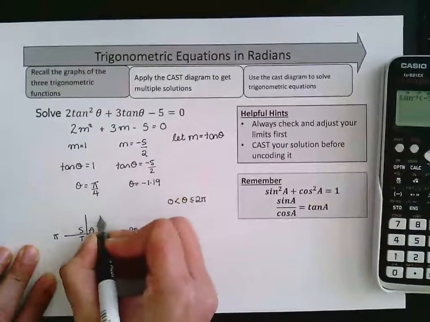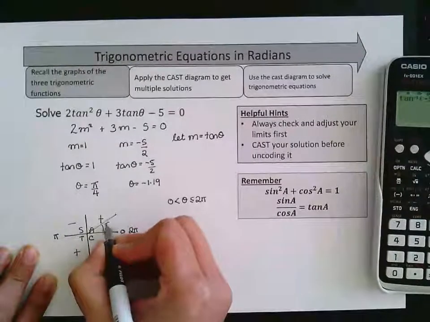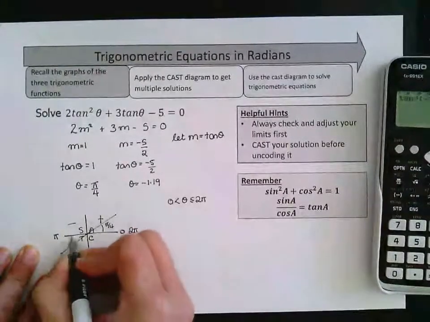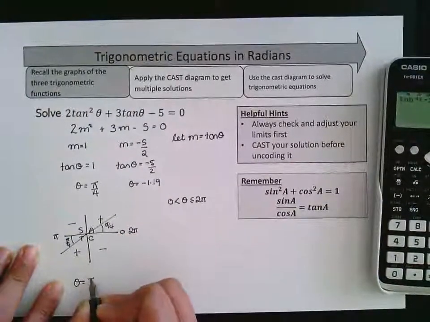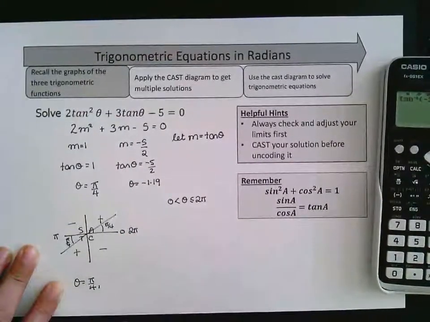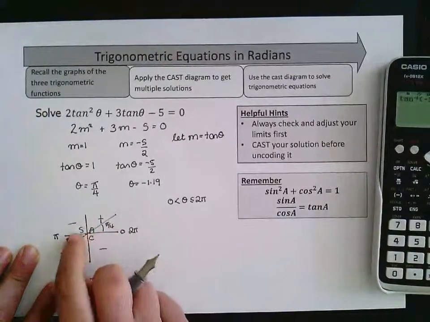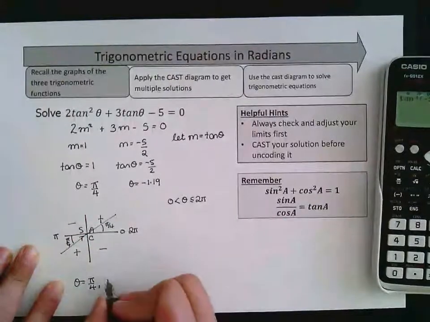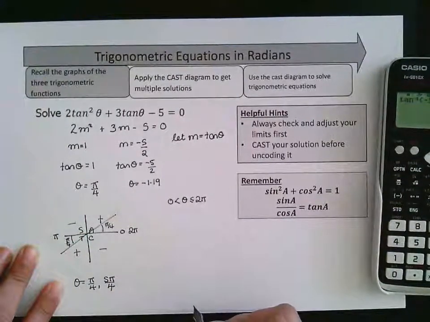Now tan is positive in the all section and the tan section. So this value goes in here. So I have the value of pi over 4. If I can get the answer in pi's, I'll often keep it that way. And you can see that is pi plus pi by 4, which is 5 pi over 4.